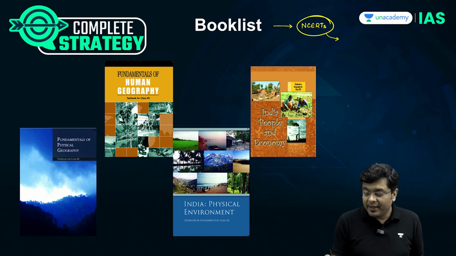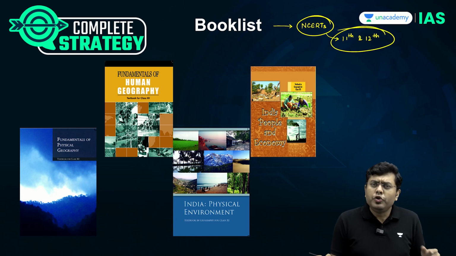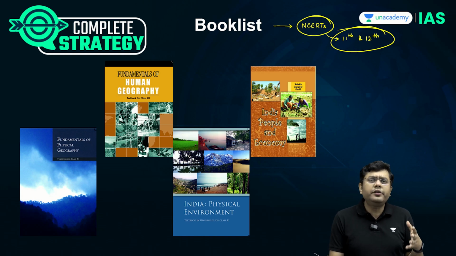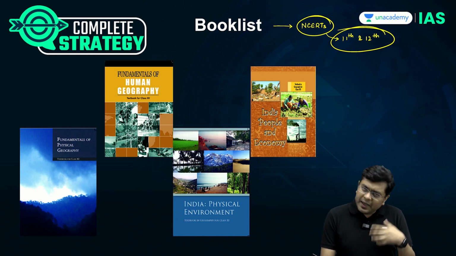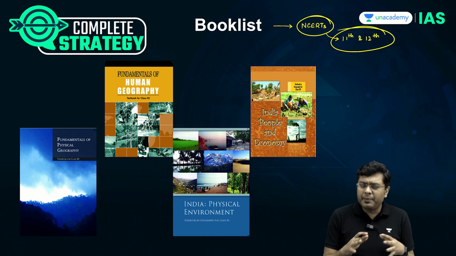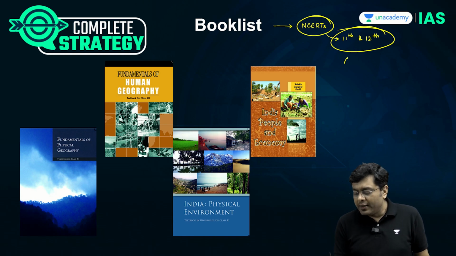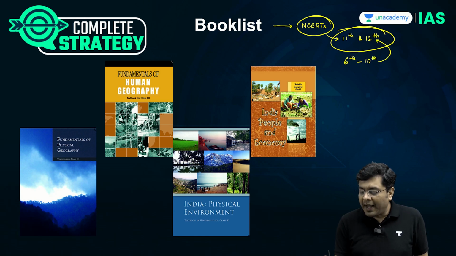NCERTs of which class? NCERTs of classes 11th and 12th. Ideally, you should be able to understand these NCERTs because these are written keeping in mind the school-going students. But let's suppose you are not very comfortable with 11th and 12th NCERT, only then go for the entire coverage, first of all from 6th to 10th, and then follow it up by the 11th and 12th NCERT.